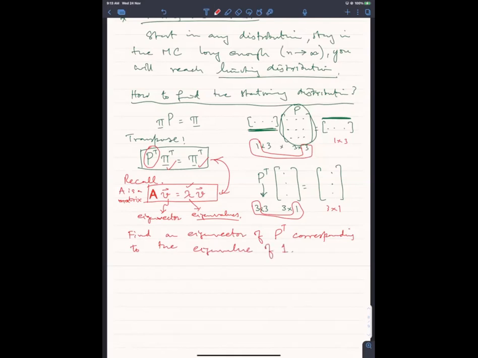The vector that you get corresponding to the eigenvalue of 1, that is your pi transpose. Once pi transpose is known, pi is known, and once pi is known, that is your stationary distribution. You can certainly do it.